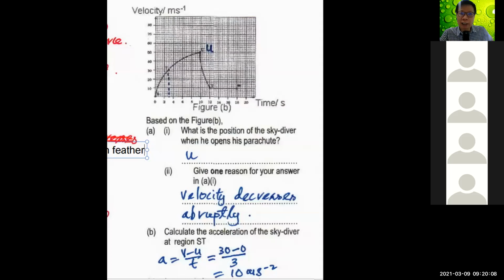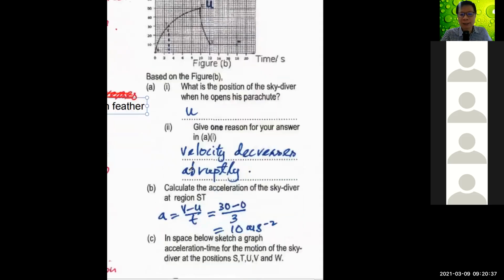Form 5 you learn integration. Differentiation means you find dy/dx. Never mind. Then Form 5 you learn integration. Two very big topics in your additional math. Okay, now the answer is like that.